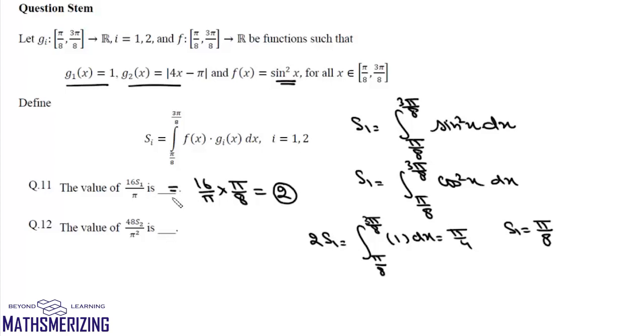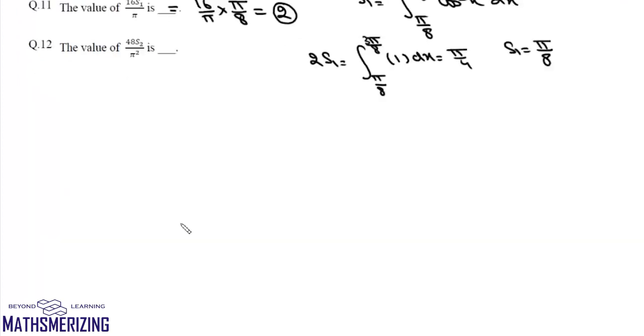Now for S2, we need to find the value of 48 S2 upon pi square. Now we can write this S2 as this integral from pi by 8 to 3 pi by 8 of f2(x), which is mod of 4x minus pi into f(x), which again is sin square x dx.